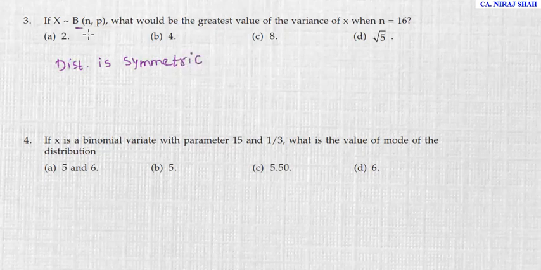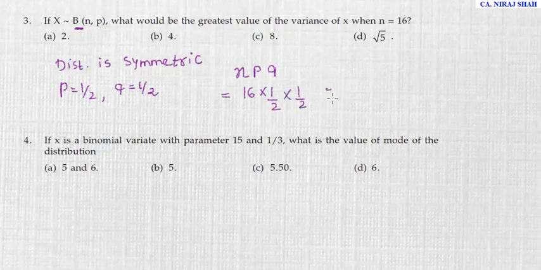And in binomial distribution, when the distribution is symmetric, p is 1 by 2 and q is also 1 by 2. So, let's find out the variance. The formula for the variance is npq, and that is 16 into 1 by 2 into 1 by 2. So the highest variance is 4. So our answer here is B, 4.